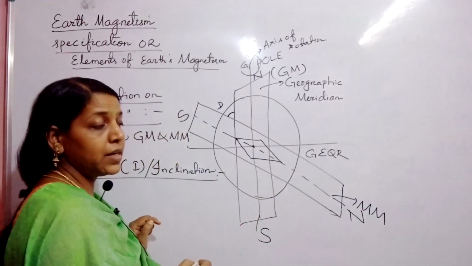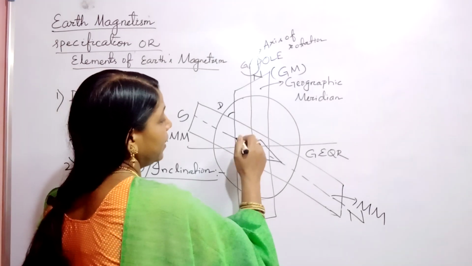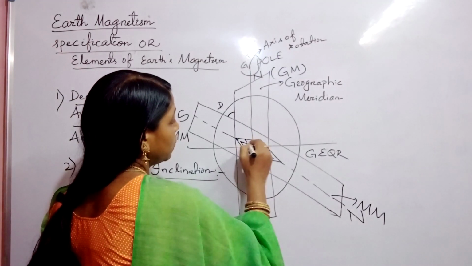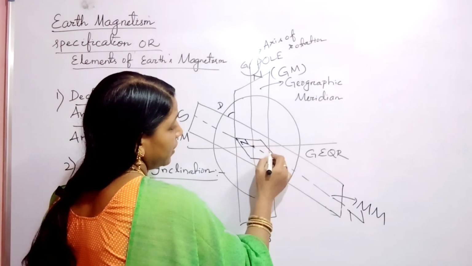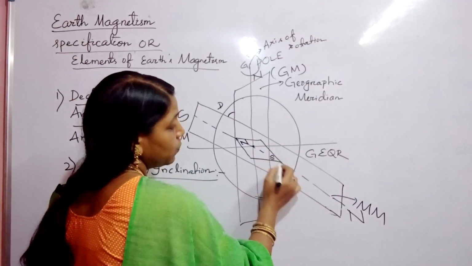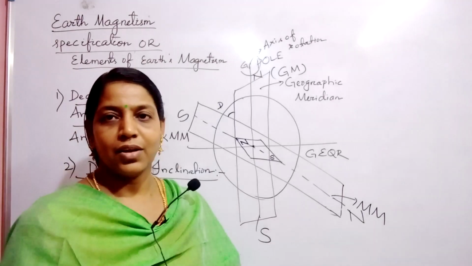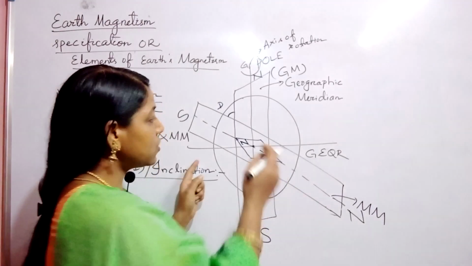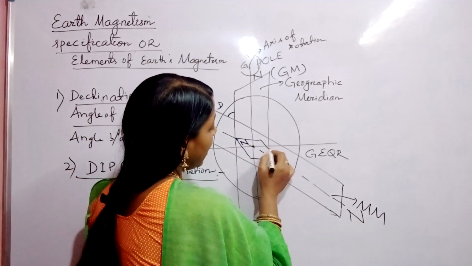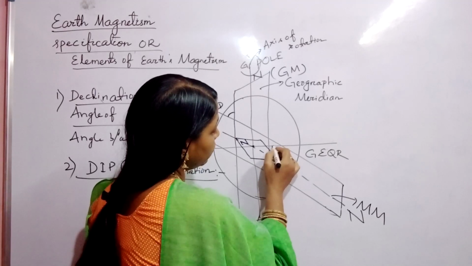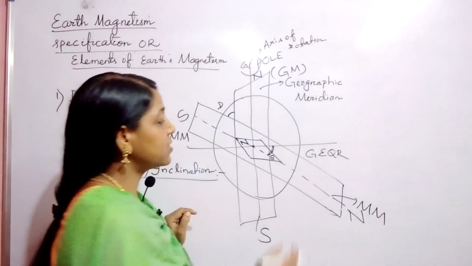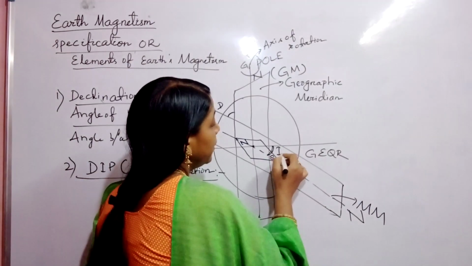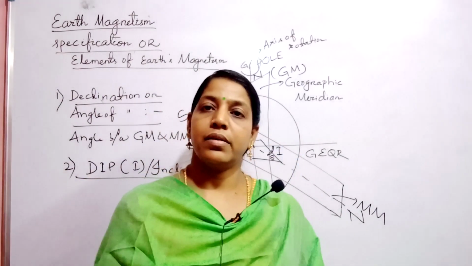When you suspend it freely, the north pole will be attracted towards the south pole of Earth's magnet. Similarly, on this side, the south pole will be attracted towards the north pole. So when you suspend it freely, how much angle is it making with respect to the horizontal? That is called angle of inclination or dip.